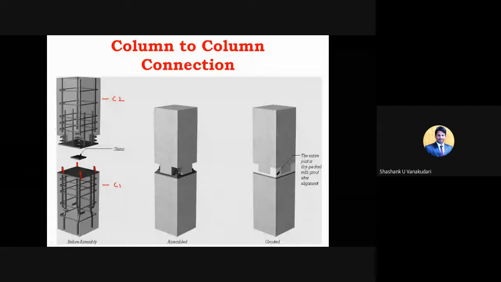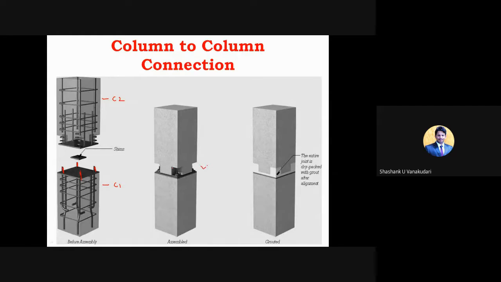After the assembling of one column to the other column, it looks this way. Now you can see the gaps where exactly you have joined. These entire gaps can be filled by using grouting materials, right? Once they fix this grouting material, you can see the monolithic structure in this way. So this is how they are going to provide the column to column connections.